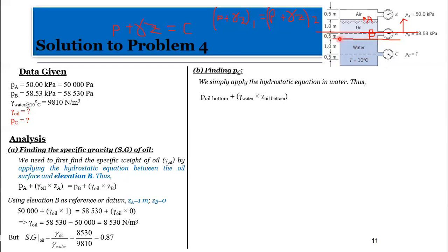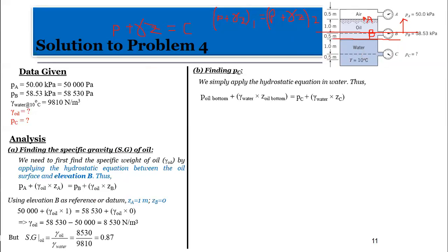So, all right, the Z here. Remember this equation? So we are looking at this surface here. So P at the bottom of the oil plus gamma times the Z of the oil bottom. Now, this must be equal to the PC. PC is here, right? At this elevation. Let me draw that line too.